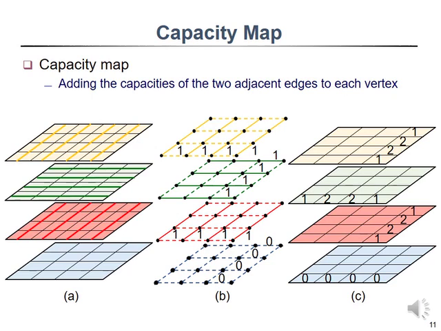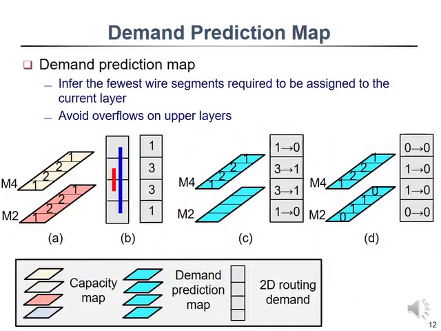And so on, the capacity on metal 1 will be 0. In Figure C, we convert edge capacity to vertex capacity by adding the two adjacent edge capacities to the connected vertex. Hence, the final vertex capacity is 1, 2, 2, 1 in each row and column.